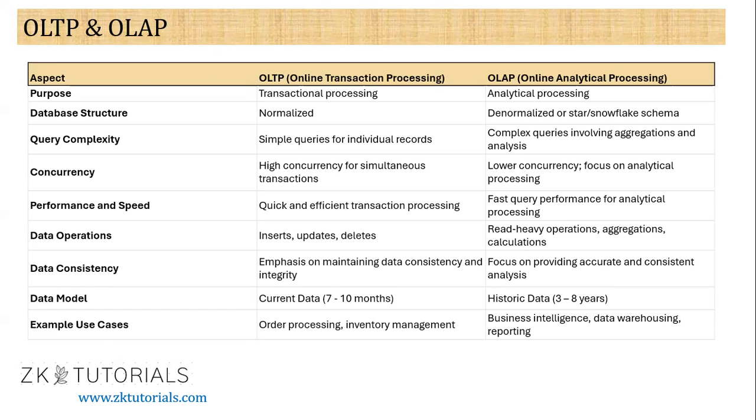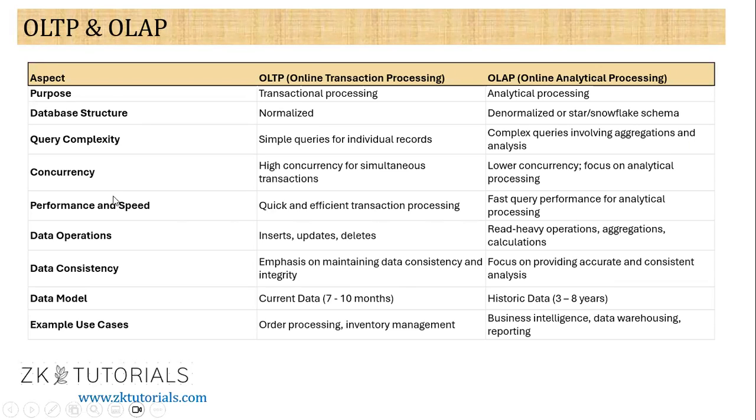So what is the purpose? OLTP is for transaction processing, and OLAP is for analytical processing. For database structure, OLTP is normalized and OLAP is denormalized. For query complexity, OLTP works on simple queries of individual records, while OLAP works on complex queries involving aggregations and analysis.